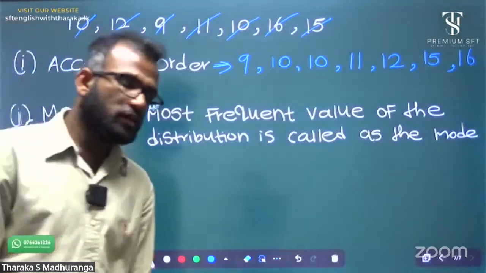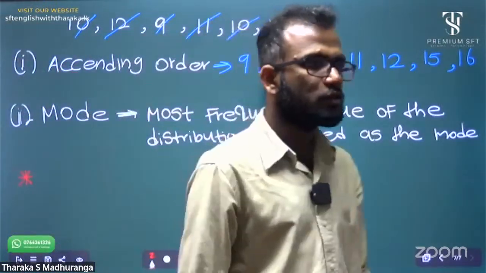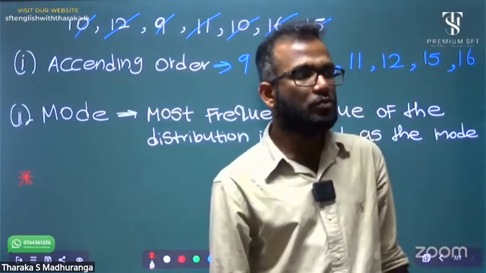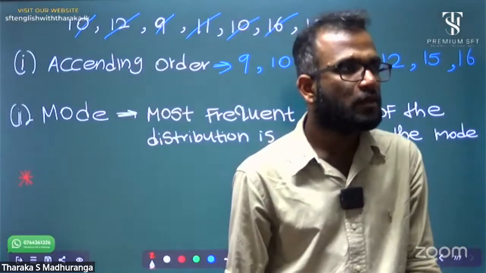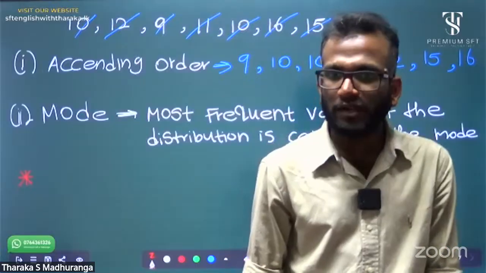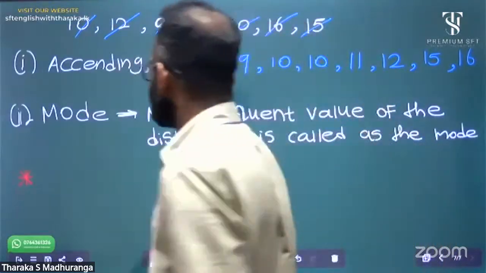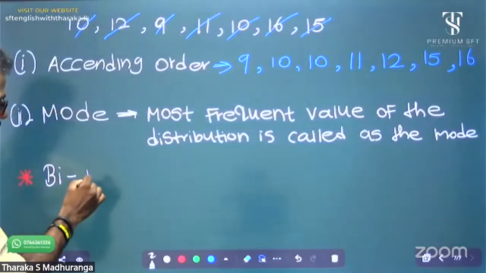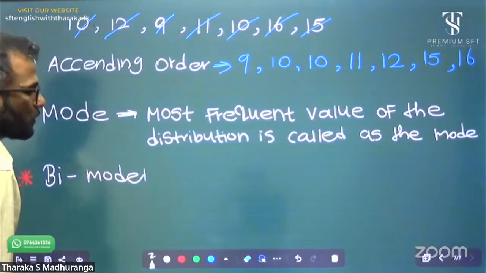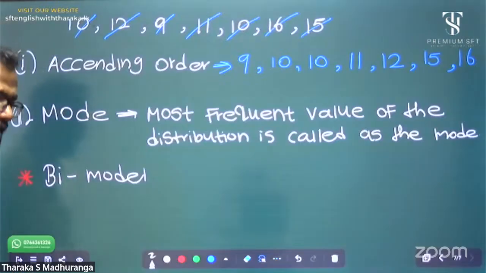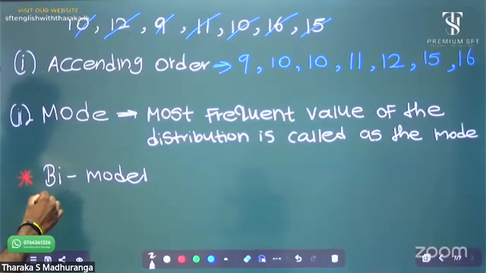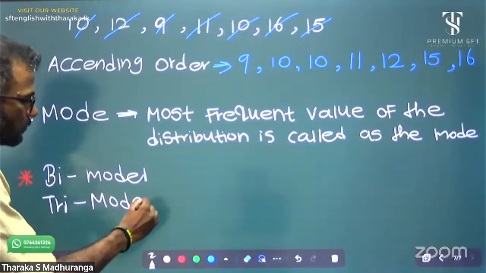Two mode distributions, that means distributions contain two modes, are called bimodal distributions. And trimode distributions are called trimodal distributions.